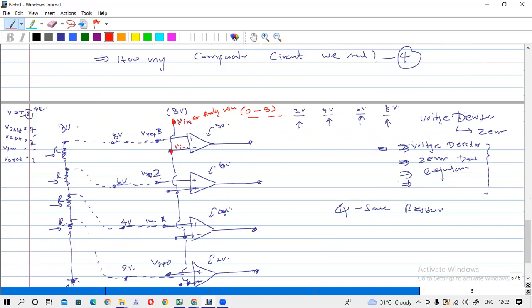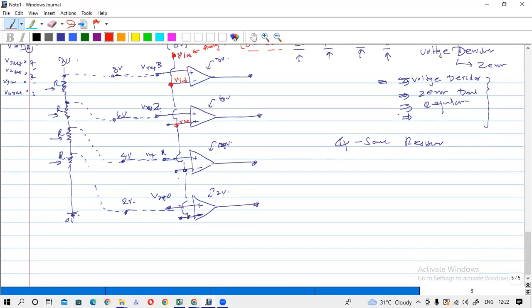This is V in 3, this is V in 2, here it is V in 1, and here it is V in 0. So I have connected my analog voltage to the minus pin of the comparator.